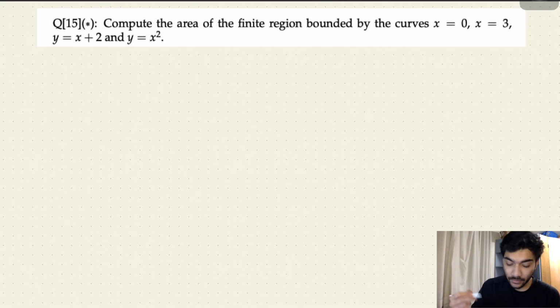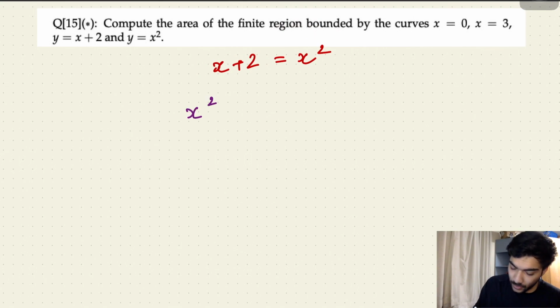Again, in order to solve these questions, we first calculate the intersection points. To do that, we equate the y values: x plus 2 equals x square. To simplify, I'll move all terms to one side, and this becomes x square minus x minus 2 equals 0.